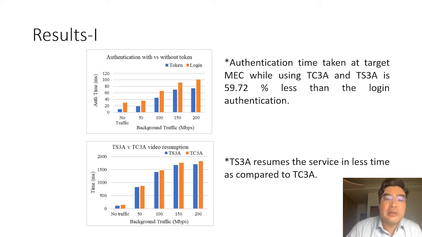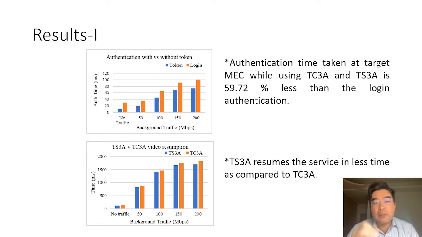We did some tests. We did a real implementation in our test bed, using the token-based approach. No proxy here, because these are within the same edge service provider, so no proxy is needed.